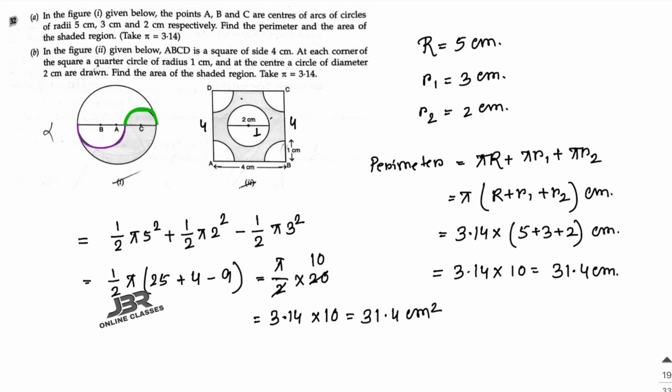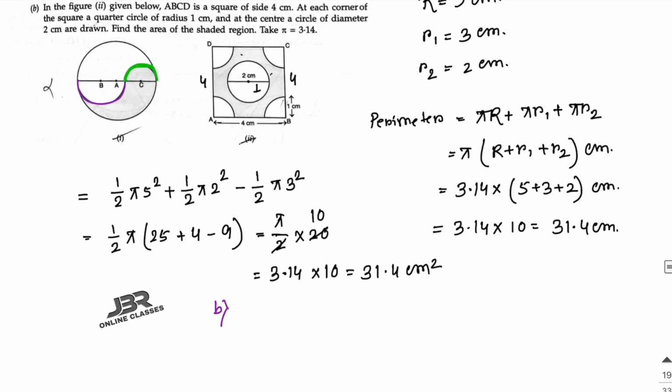So to find the area of the shaded region, first you have to find the area of the square. So the area of the square equals 4 into 4.